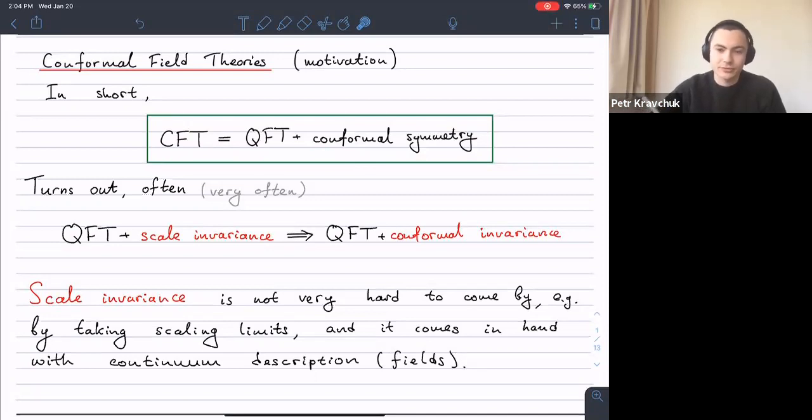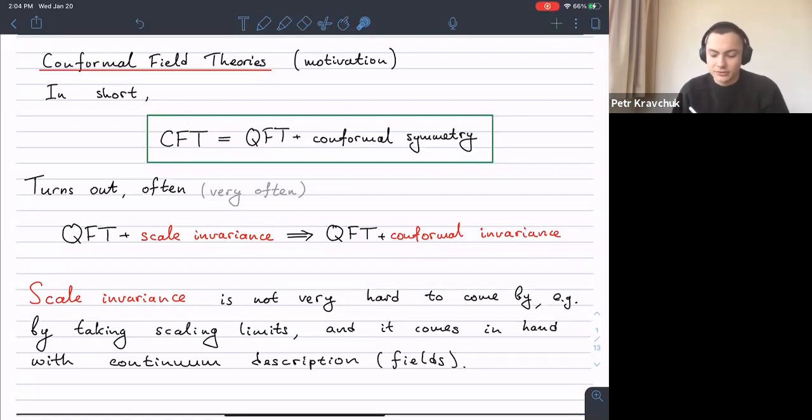Because quantum field theories themselves are local, it often happens that if you have a quantum field theory which is scale invariant, not necessarily conformally invariant, it actually also turns out to be conformally invariant. And this is important because it's relatively easy in physics to come by scale invariance.